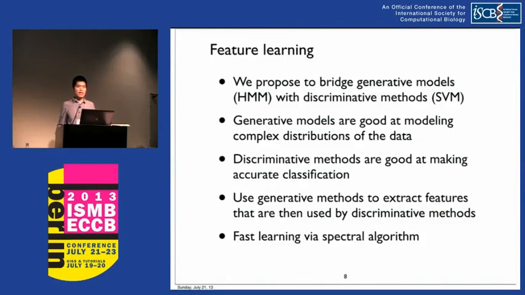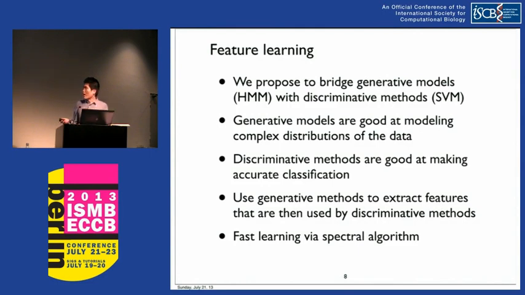Our method is at the intersection of generative models and discriminative methods. Generative models are very good at modeling very complex distributions of the data. But unlike discriminative methods, they do not directly optimize the classification accuracy. Therefore, they often do not get very good results.